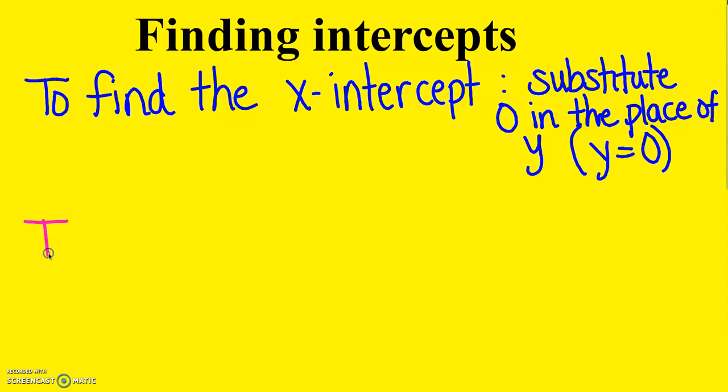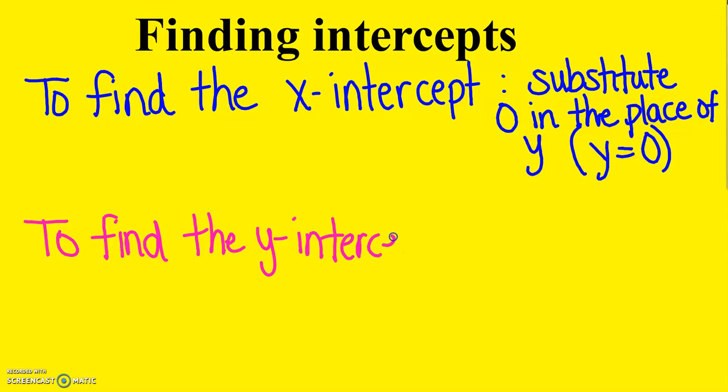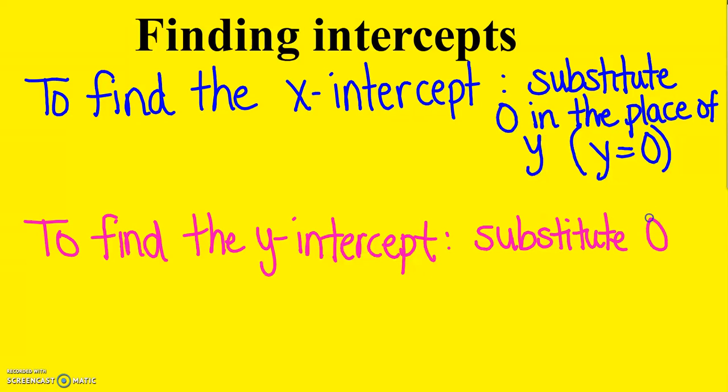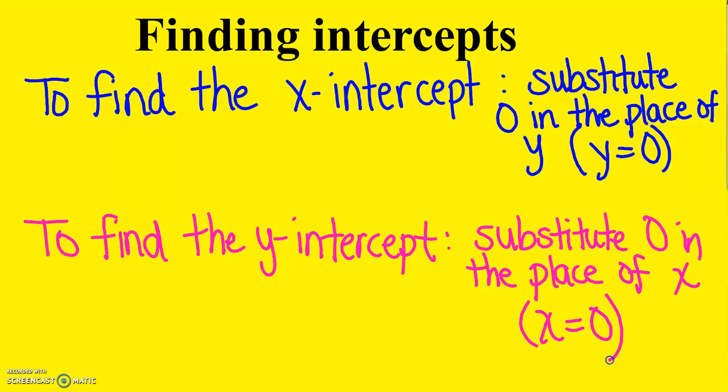So to find the y-intercept, and yep, that's exactly what you're thinking. You're going to substitute 0 in for x. All right, so that means that my x is equal to 0. So once you substitute the 0 in the place of the variable, then we're going to solve to isolate the other variable. So quick example here.